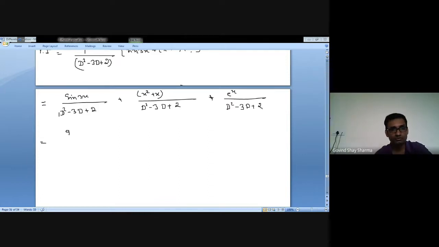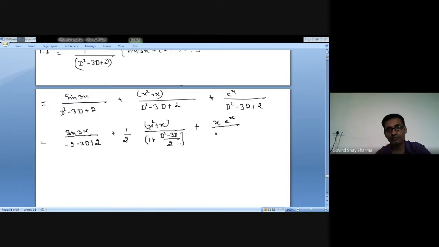So sin 3x upon minus 9 minus 3D plus 2. Here alpha is equal to 1. When we put 1, this will become 0, so we multiply with x and differentiate with respect to D.